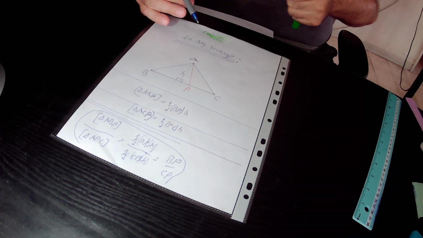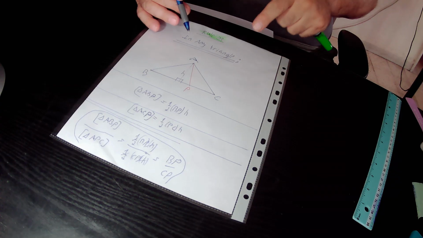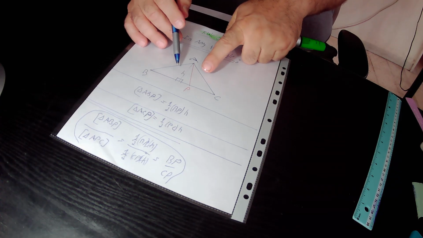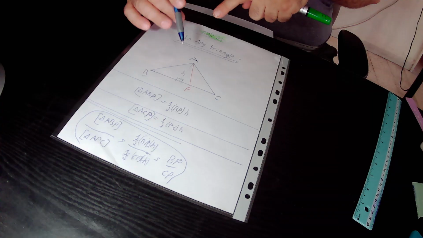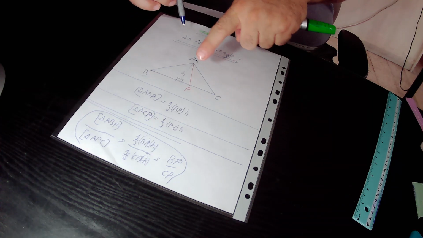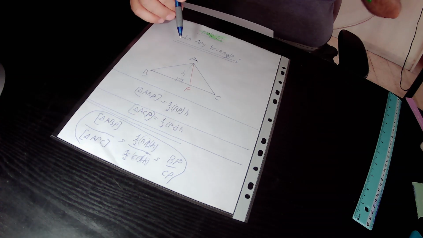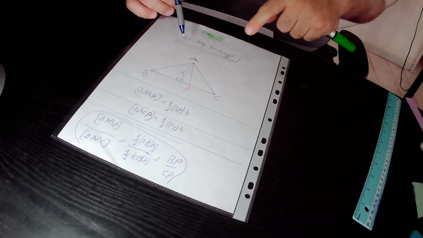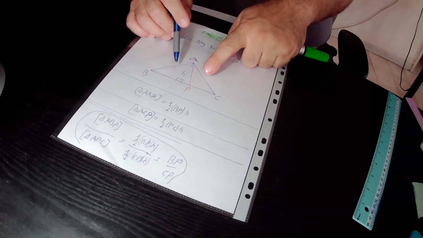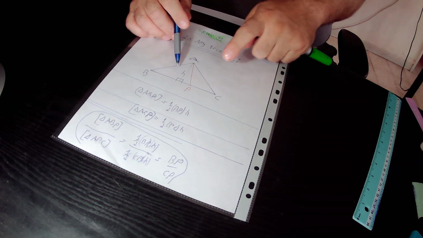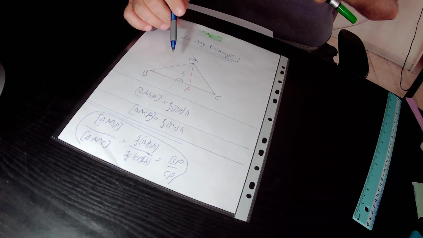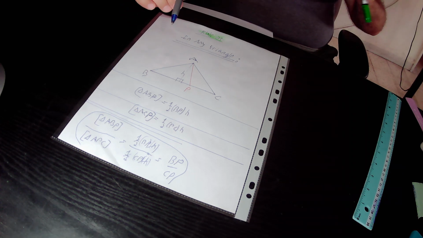This rule 23 is about those two small triangles that were created by drawing line segment AP in triangle ABC. According to this rule 23, the ratio between the areas of those two small triangles is equal to the ratio between their corresponding bases.